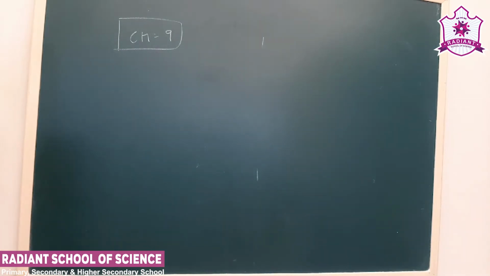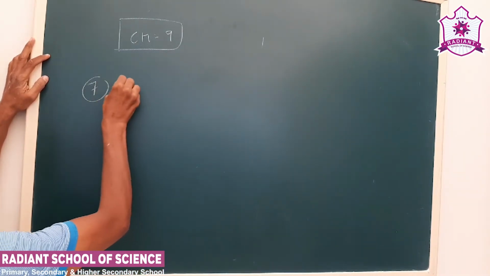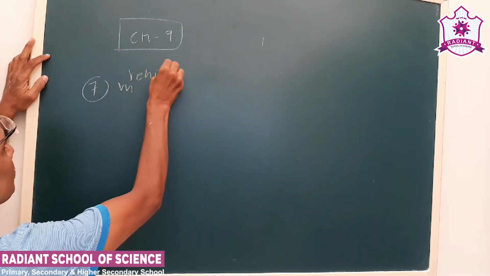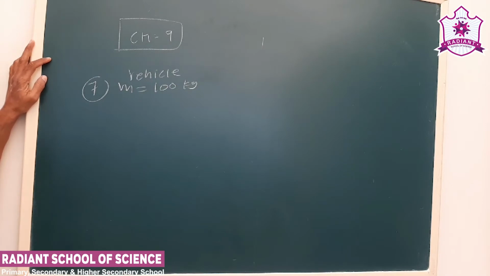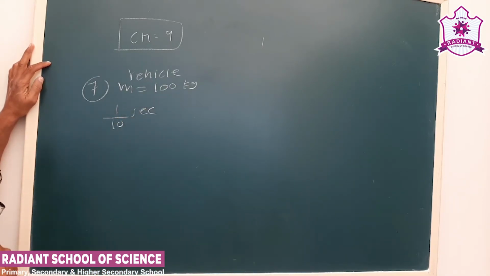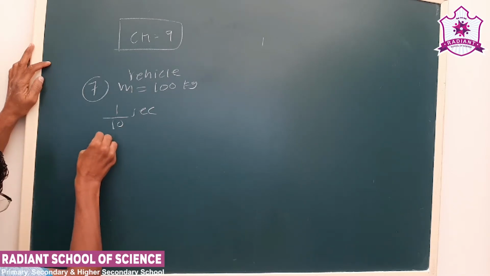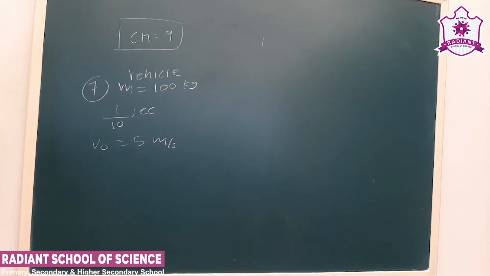See, a vehicle of 100 kg mass is stopped in 1/10 seconds. Initially it moves with a velocity of 5 meter per second. Now we have to stop it in 1/10 seconds.